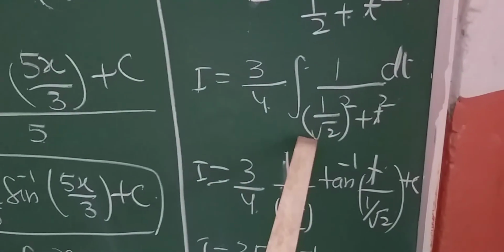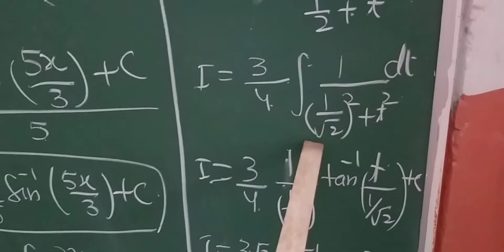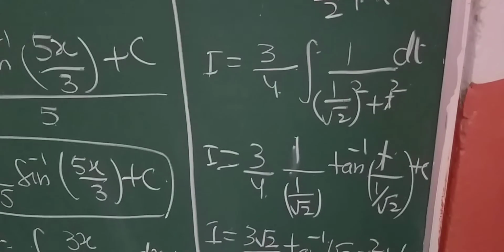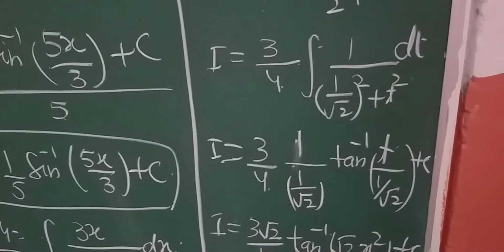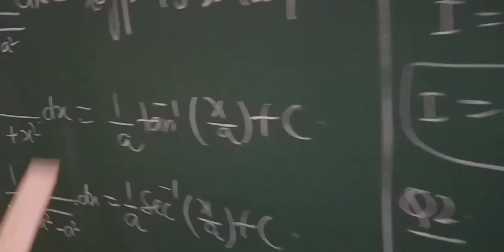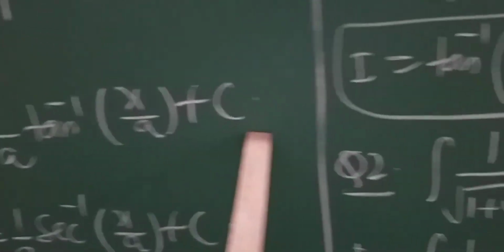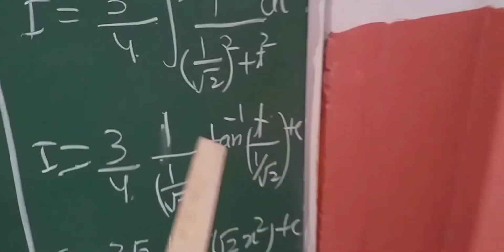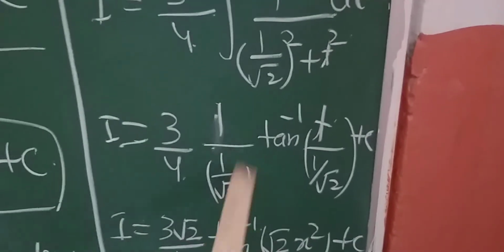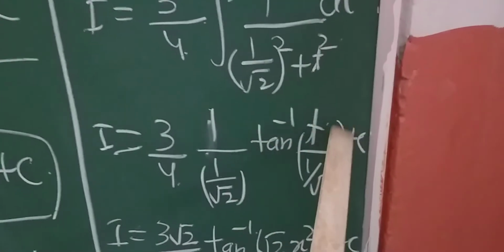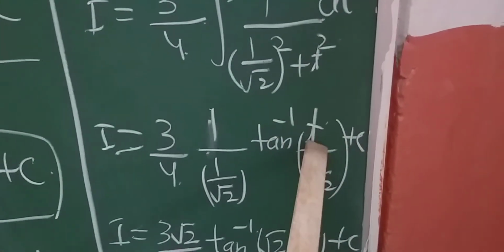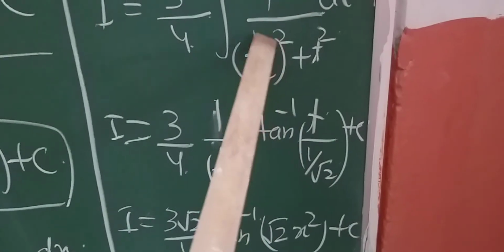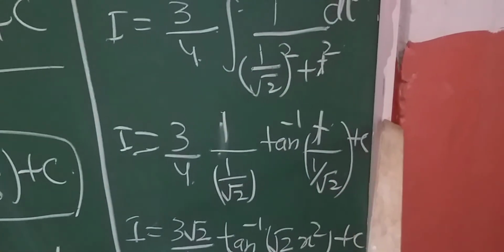Now we can apply the formula of 1 upon a square plus x square, which is 1 upon a tan inverse x upon a plus c. So 1 upon a value 1 upon root 2, tan inverse x, value is t here, upon a value is 1 upon root 2 plus c.